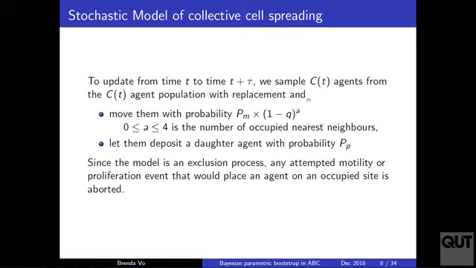A is the number of occupied nearest neighbors. If the cell-to-cell adhesion is higher, the ability to move is reduced. If A is large, say 3 or 4, this probability becomes really small as well. So basically it couldn't move.